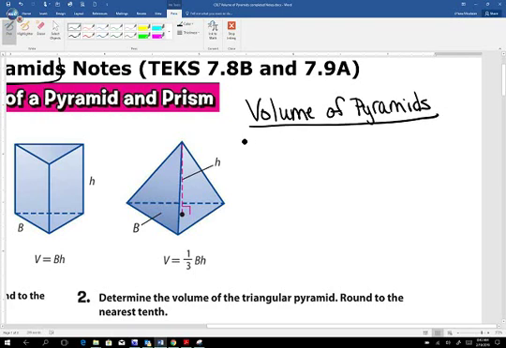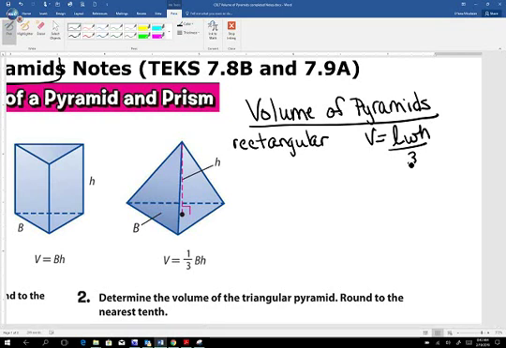So the volume of a rectangular pyramid would be volume equals length times width times height divided by 3. We divide by 3 because a pyramid is 1/3 of a prism.